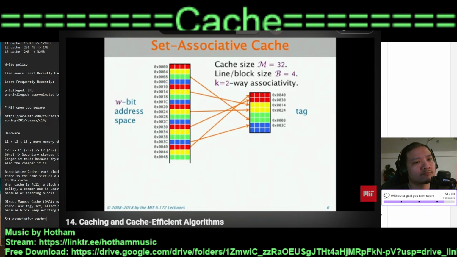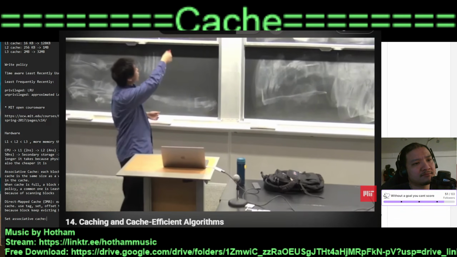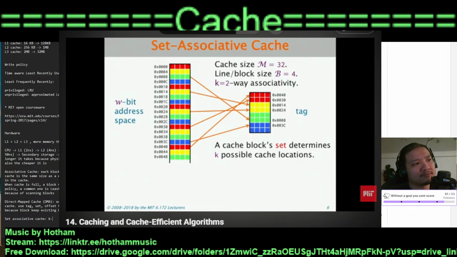This is known as a 2-way associative cache, since there are 2 possible locations inside each set. And again, a cache block's set determines k possible cache locations for that block. So within a set, it's fully associative, but each block can only go in one of the sets.